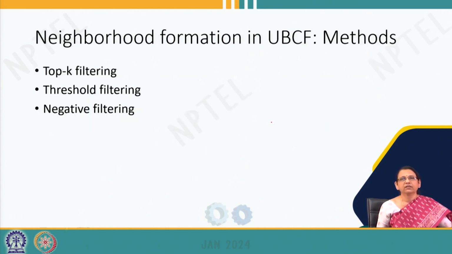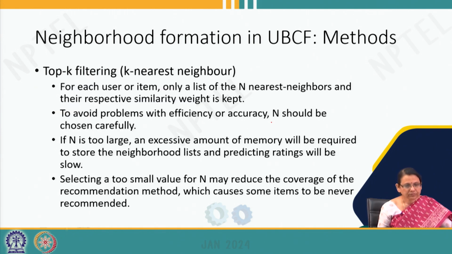This is done with 3 approaches: top K filtering, threshold filtering and negative filtering. In top K filtering, for each user or item only a list of n nearest neighbors and their respective similarity weights are kept.